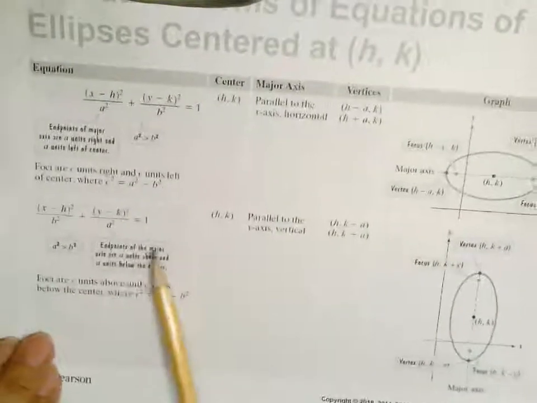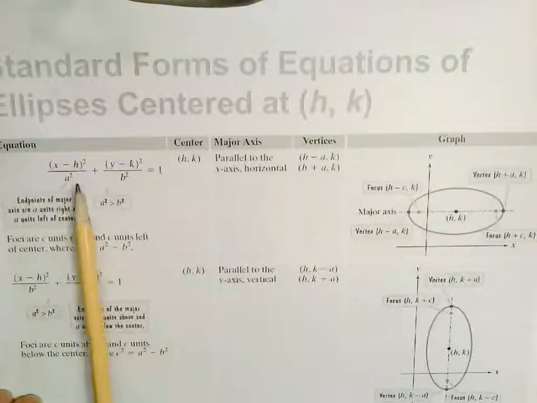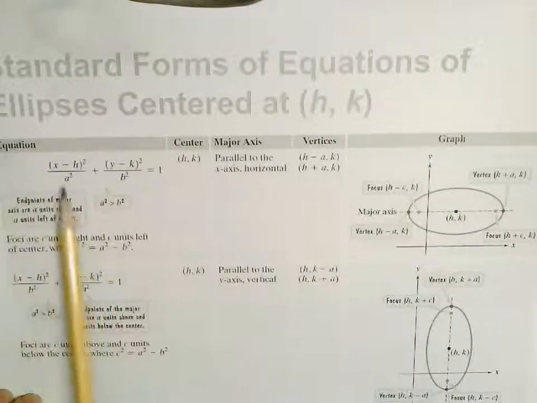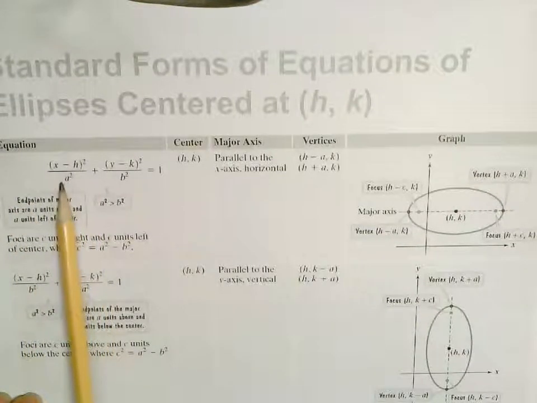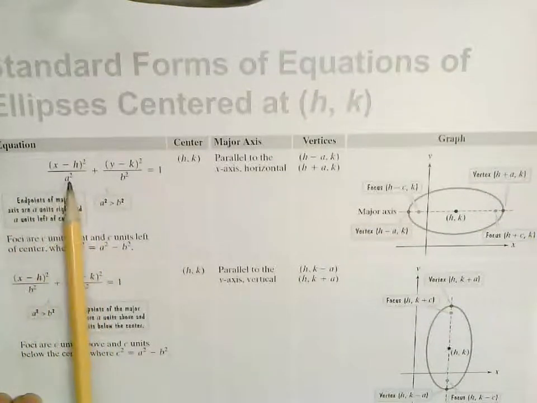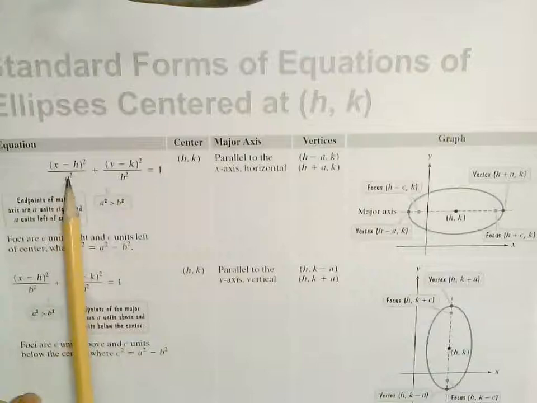Remember, the way that we determine whether we have a horizontal or a vertical major axis is the larger denominator. Since this a square is the larger denominator, it's under the x variable, so the major axis is going to be horizontal.